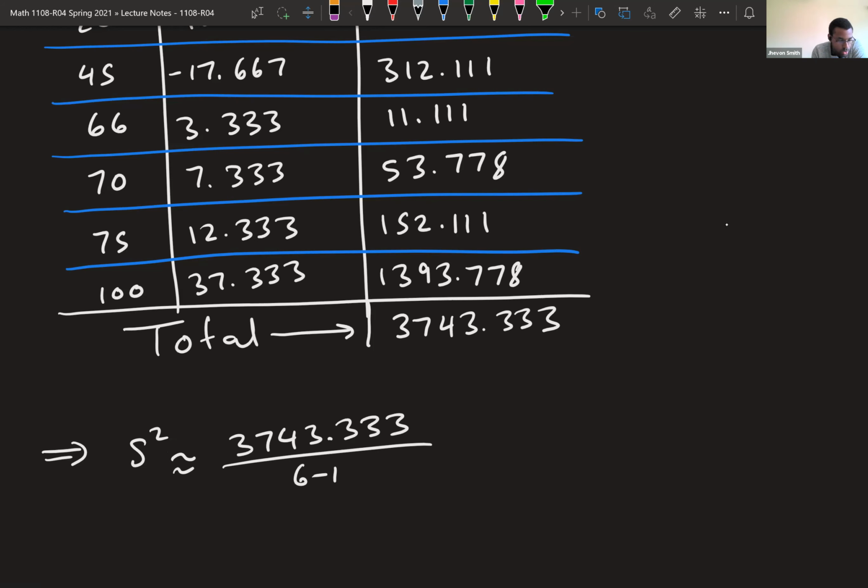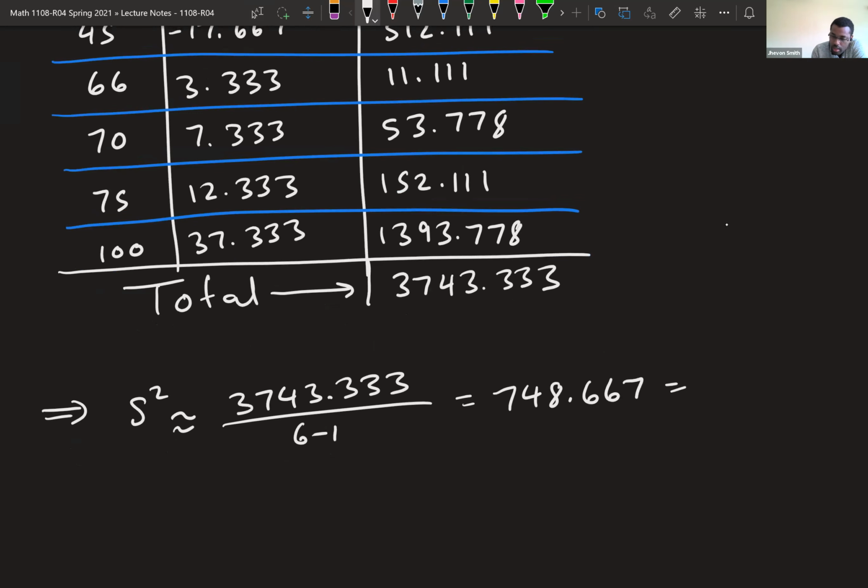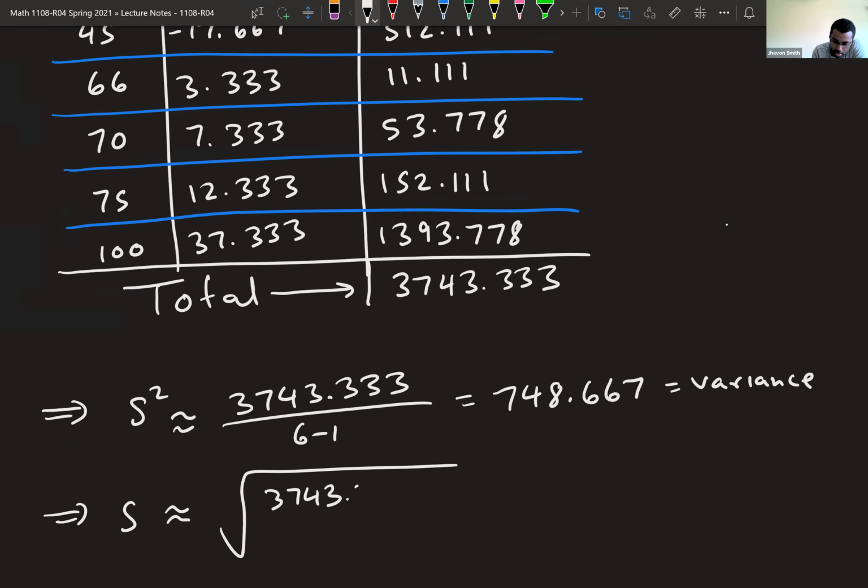Okay, and that is going to be 748.667, which we got last time. And so that's the variance. And then your s is just going to be the square root of that, 3743.333 all over 6 minus 1. And that would be the 27.362, which is the standard deviation.